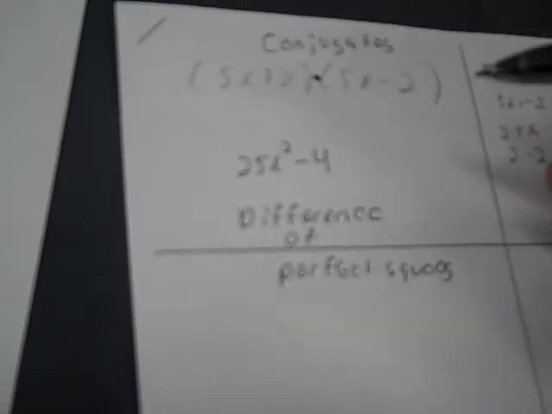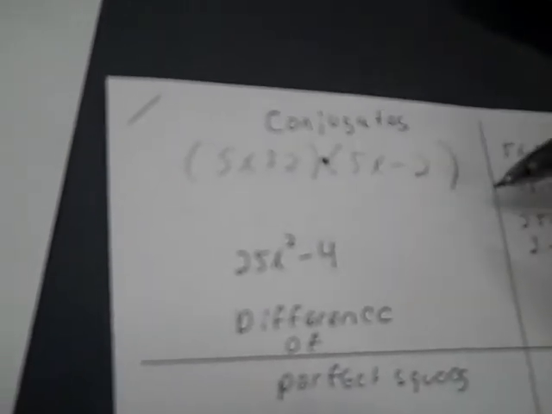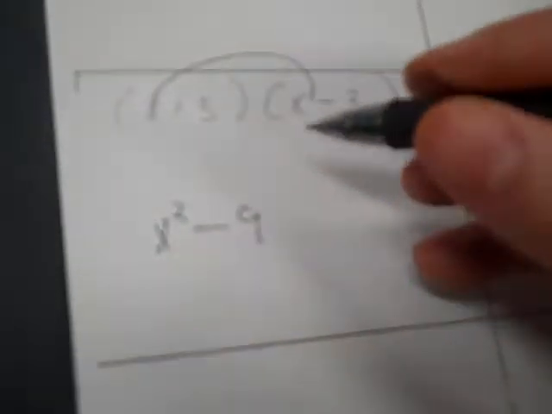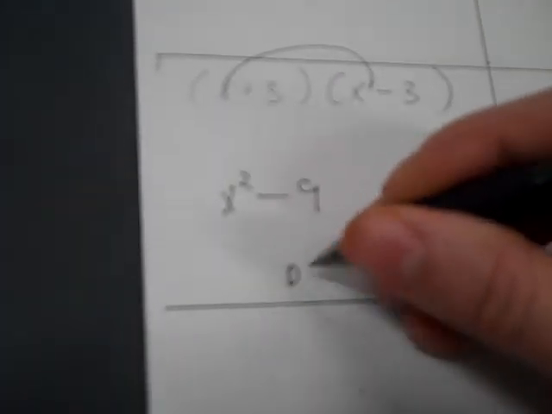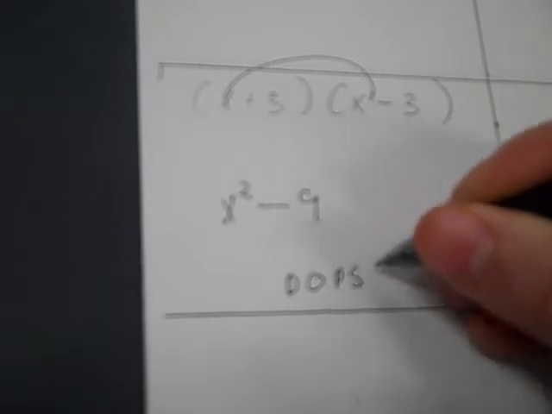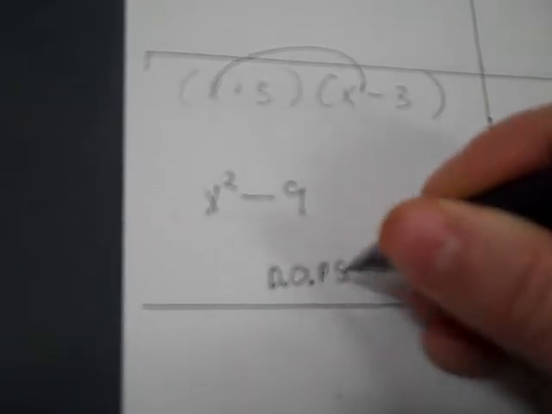Because what we're going to be doing is taking the product and getting it back to the original two factors. Now, some of you might have an idea how to do that. It's really not hard. Now, I like to abbreviate difference of perfect squares because I don't want to write that every time. I just write DOPS, difference of perfect squares.